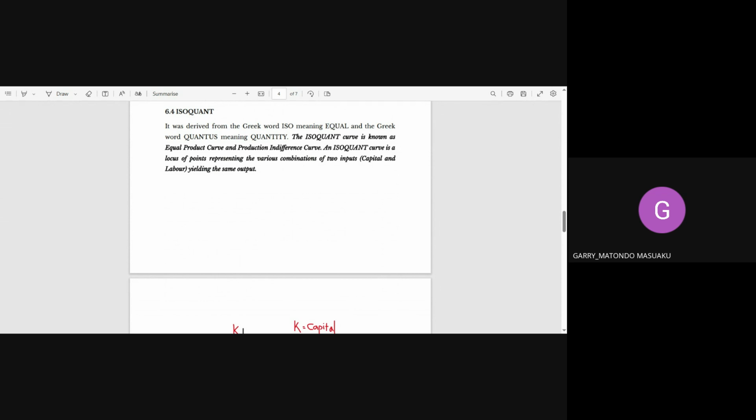The isoquant curve is known as equal product curve and production indifference curve. An isoquant curve is a locus of points representing the various combinations of two inputs, capital and labor, yielding the same output.